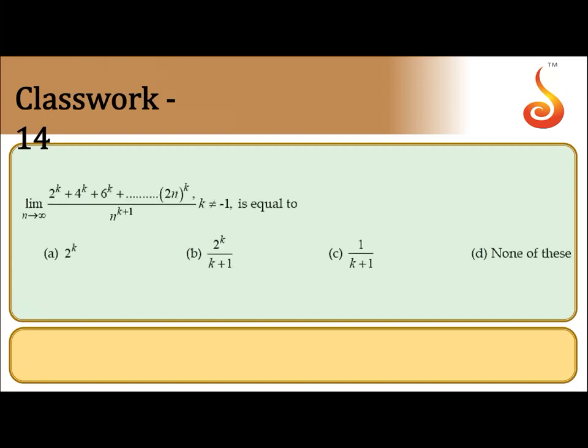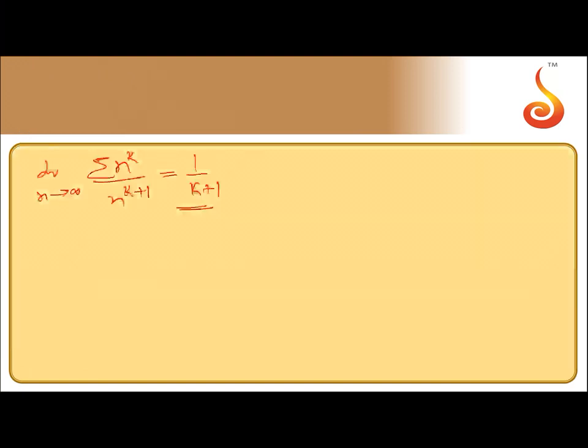But here, in this case, you have 2 power k, 4 power k, 6 power k. Why don't you take 2 power k common? So it is the limit as n tends to infinity of 2 power k, when you take it common, 1 power k, 2 power k plus and so on, n to the power of k divided by n to the power of k plus 1.